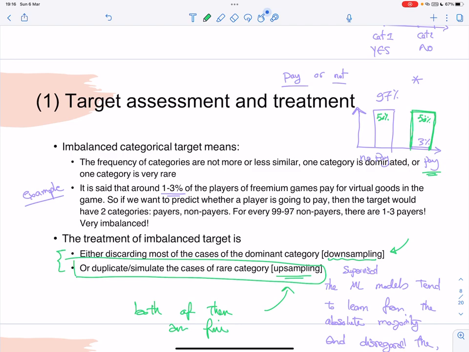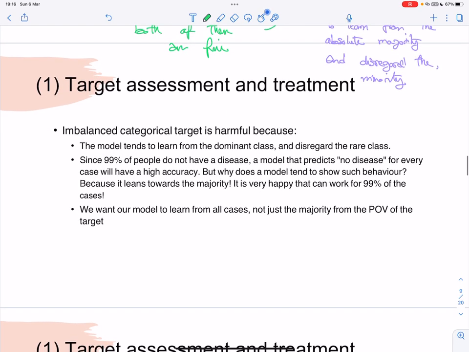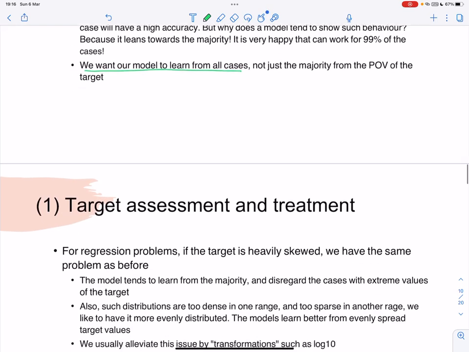I like to have more cases rather than discarding part of it. But both of them are totally fine and correct. So I explained why imbalanced categorical target is harmful, because we want our model to learn from all cases and not just a majority from the point of view of the target.